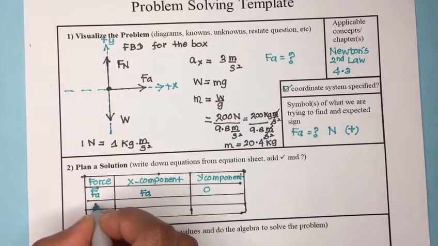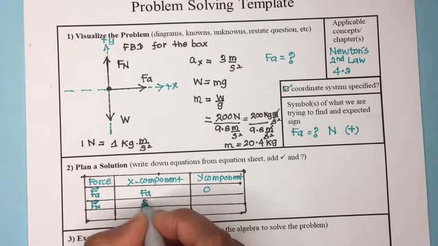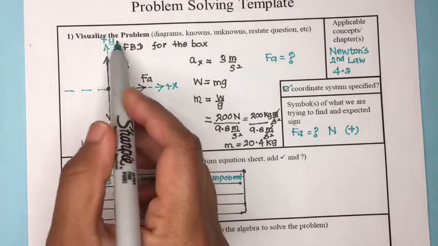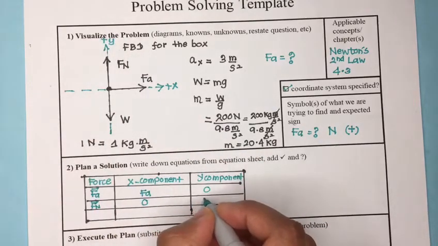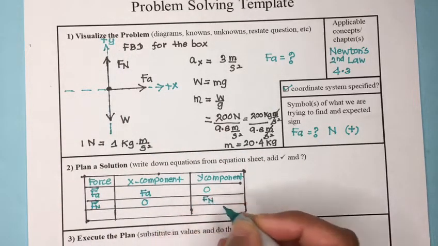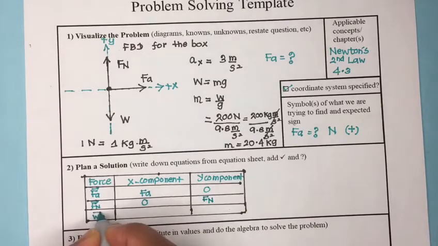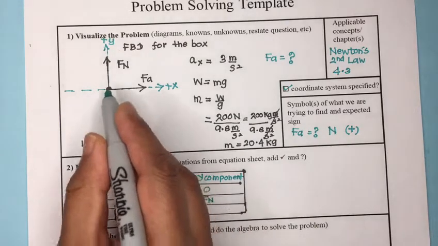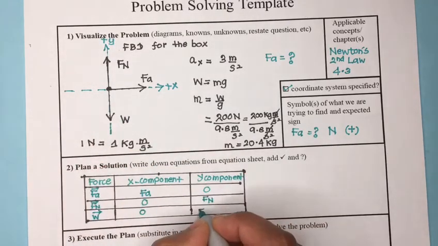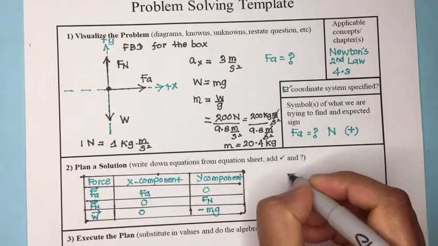And the y component is 0. And the next force is the normal force. Normal force is acting in the y direction, so the x component will become 0, and then the y component is positive because it's acting up. And then weight is acting downwards, so there's only a y component and it's negative.